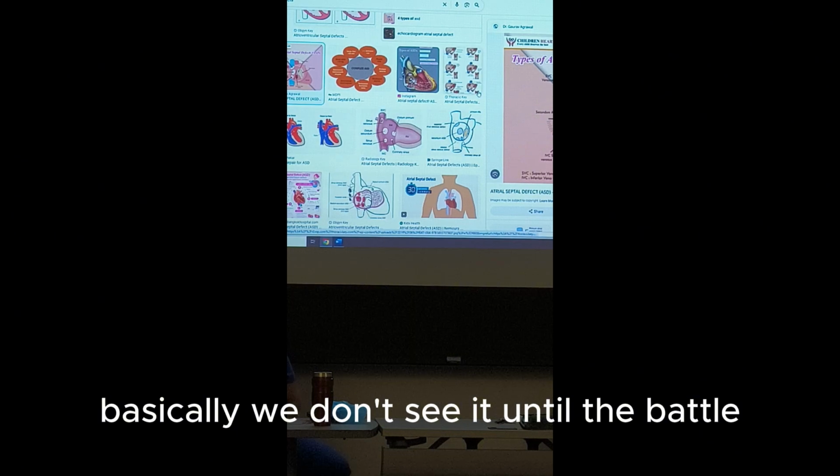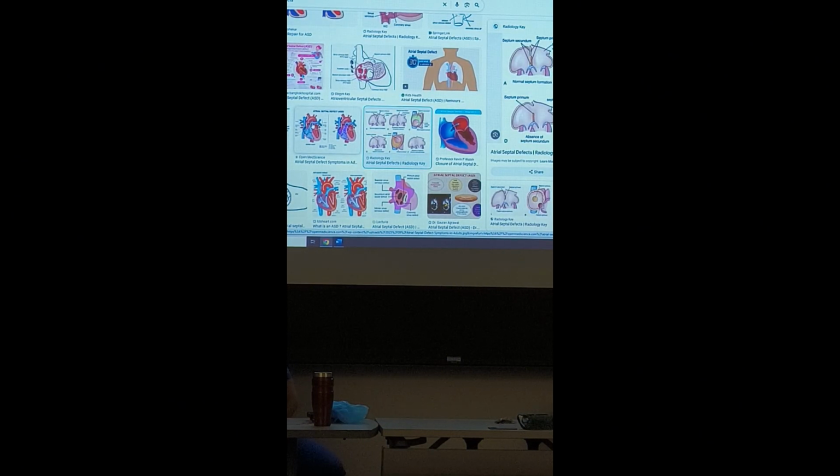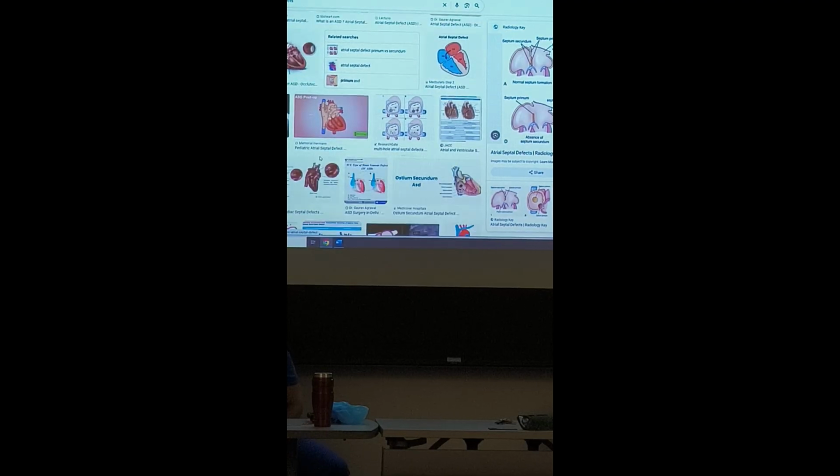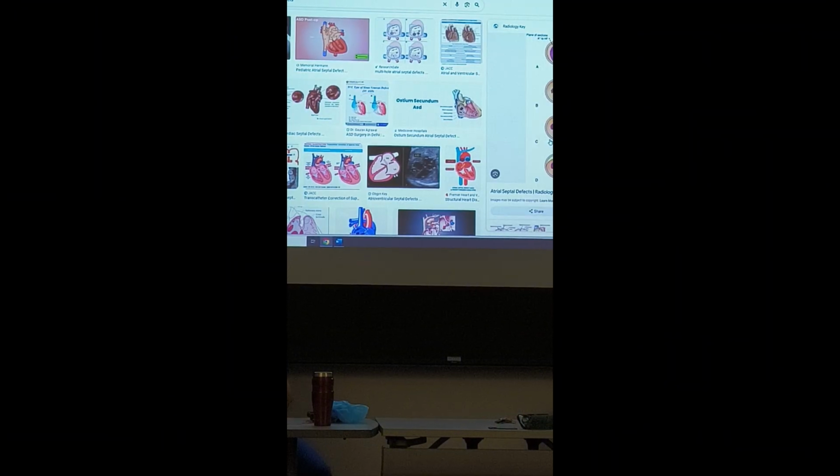We don't see it until the blood, so that's when it doesn't close. It's almost the same thing as the ostium. The ostium is severe. That is the shunt, and the most common. And then the PFO is the one that doesn't show.